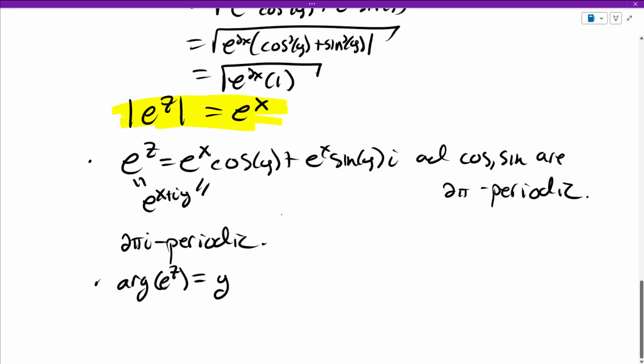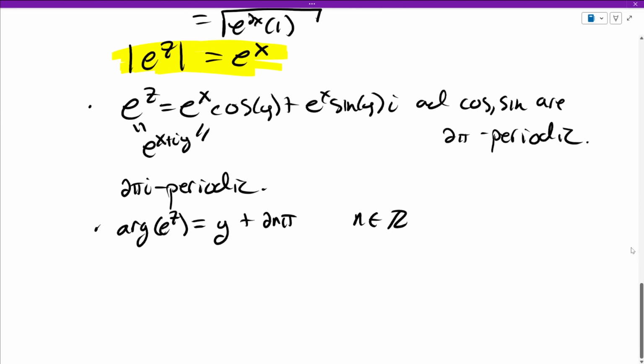It's going to be whatever y is plus any multiple of 2 pi n, where n is an integer. So these are the possible argument choices for e to the z as well. And we'll need to use this a little bit later when we talk about the complex logarithm function, which is the inverse function here.